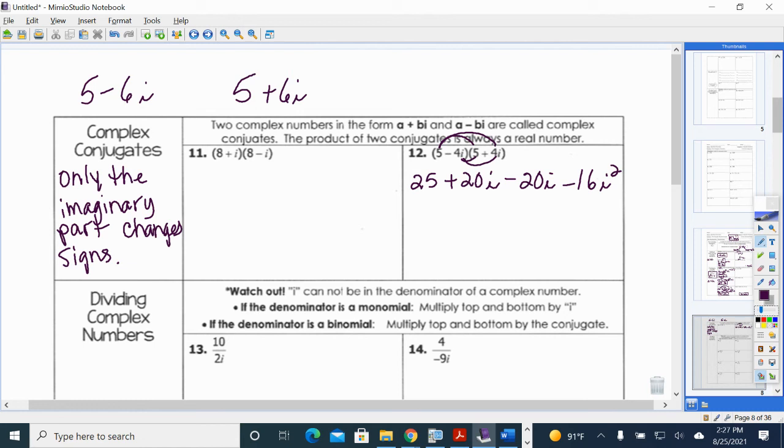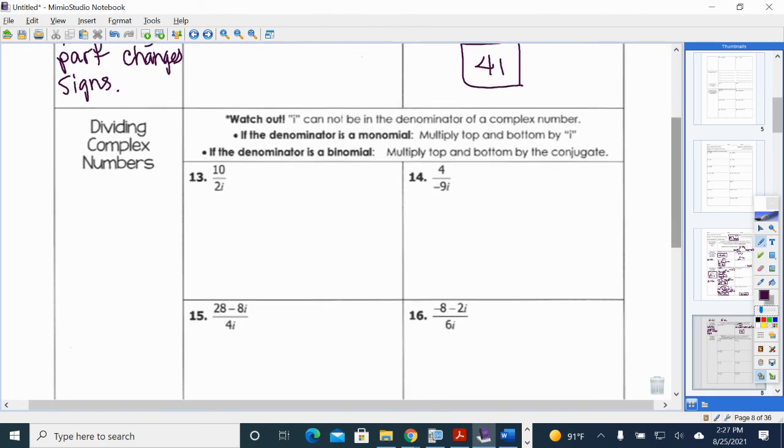The negative 1 is going to make this negative 16 a plus 16. And then a positive 20i and a negative 20i are going to cancel each other out. And what we have left is just 25 plus 16, which is equal to 41. So again, when we multiply complex conjugates, the imaginary parts go away and we're left with just the real parts.